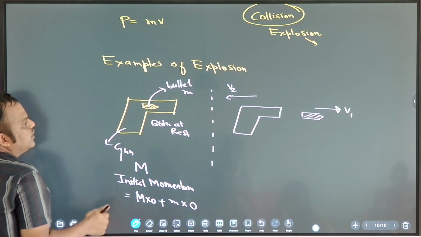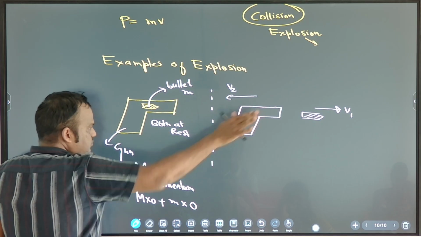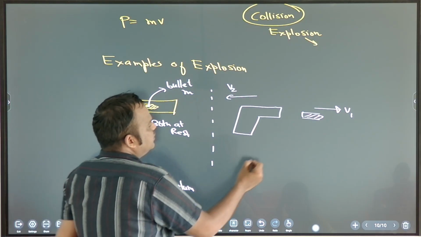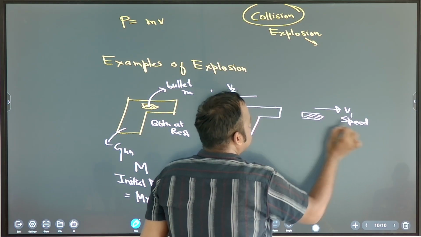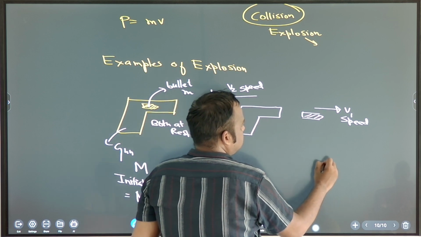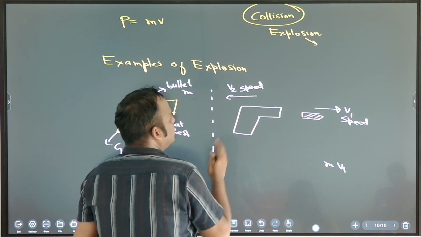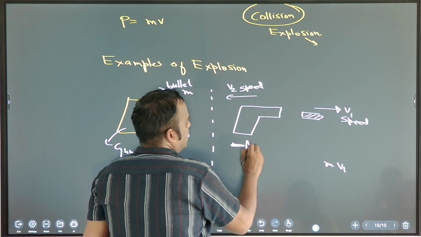So the bullet is acquiring momentum on the right side, and the gun is acquiring momentum on the left side. What is the final momentum of the bullet? M into V1. What is the final momentum of the gun? Minus capital M into V2.